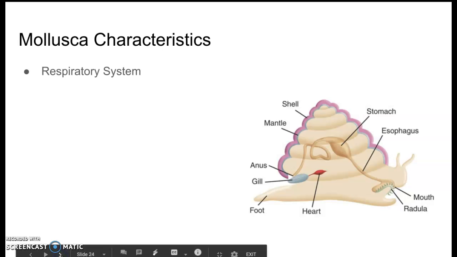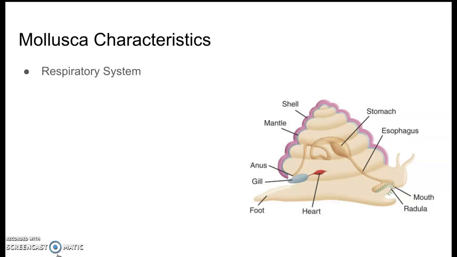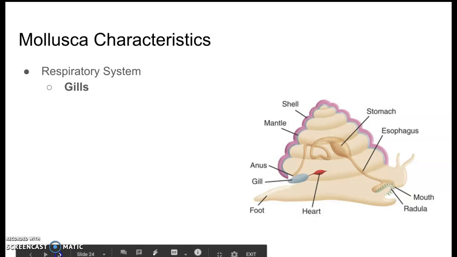So they are the first type of organism to have a respiratory system, and you notice that they have a gill, and it's connected to the heart, because basically the respiration allows you to bring oxygen into the entire body, and then be distributed by the pumping of the heart.